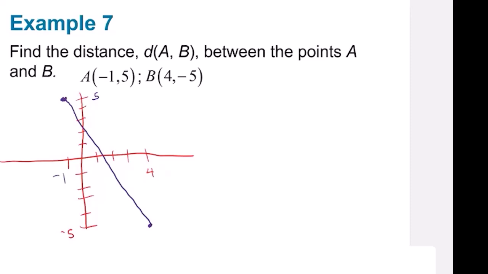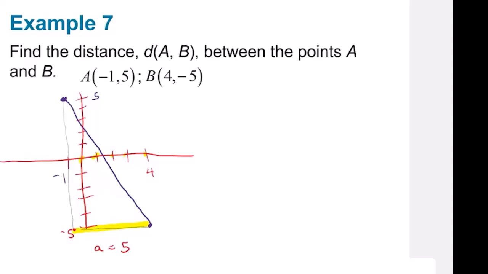I make my triangle. If I want to know the length of this line, here's 1, 2, 3, 4, 5. A is equal to 5. And then I can count the y values. I'm starting here at -5, and I'm going all the way up to +5.